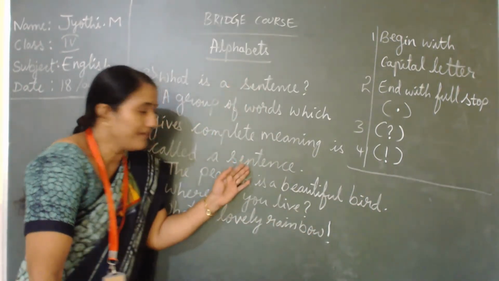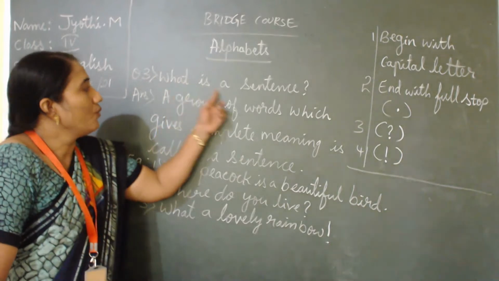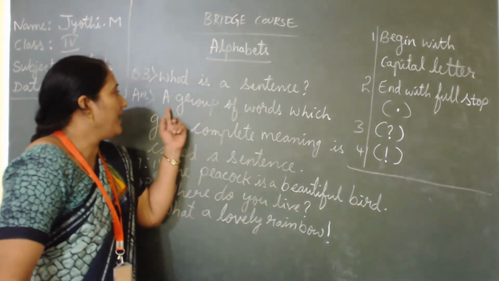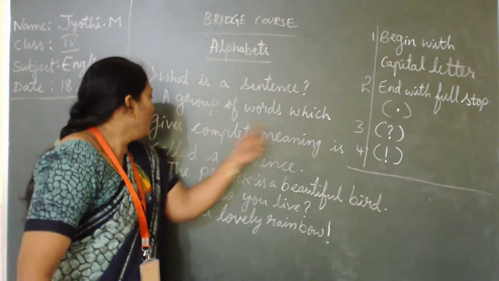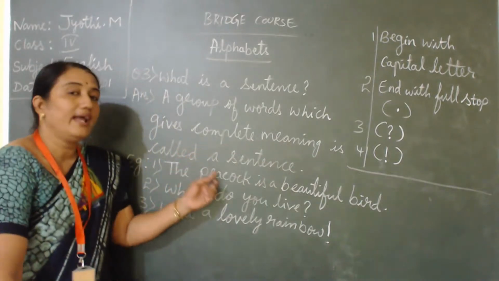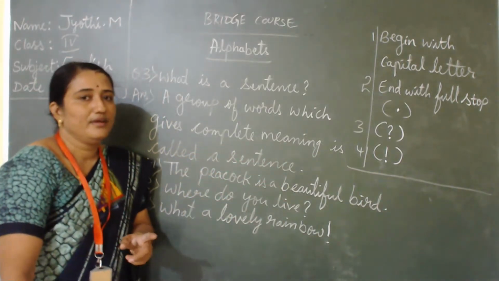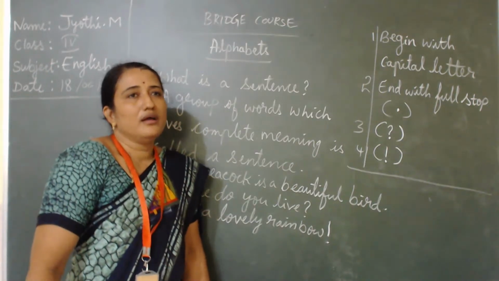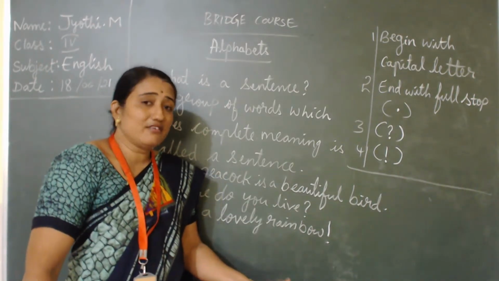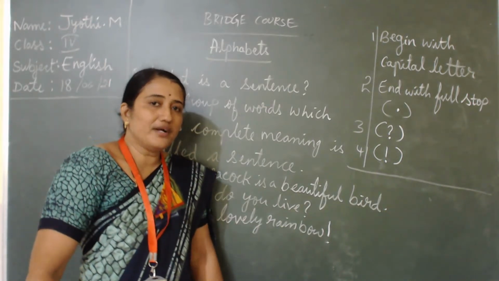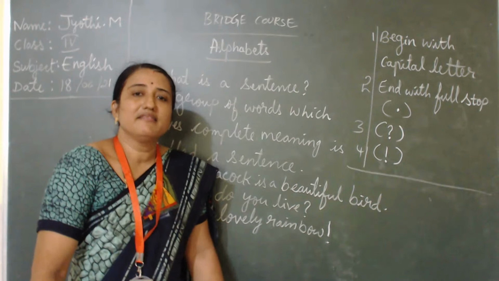Copy this. What is the sentence? And practice this in your English rough notebook 2 times. A group of words which gives complete meaning is called a sentence. In a word, what did you learn? A collection of letters forms a word. A phrase is a group of words but does not give complete sense.